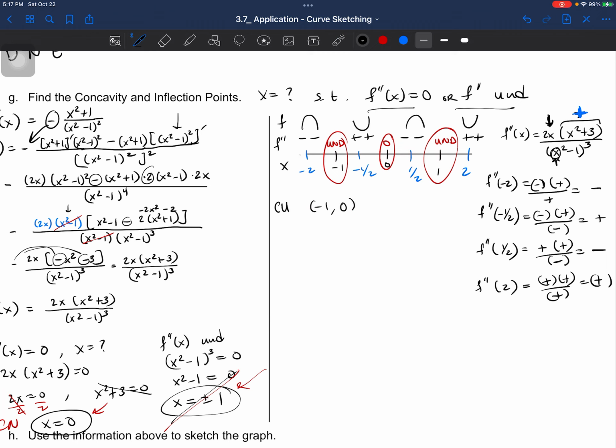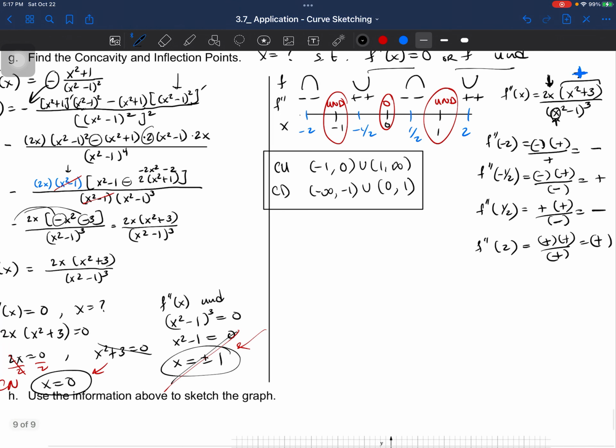It's concave down from -infinity to -1, and from 0 to 1. All right, that looks good.